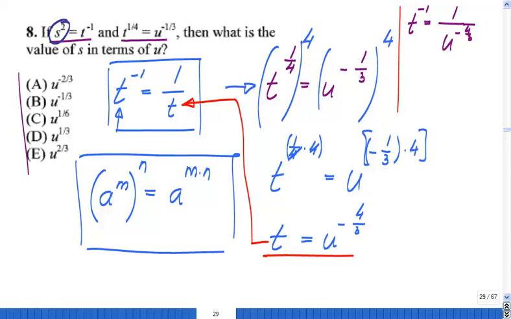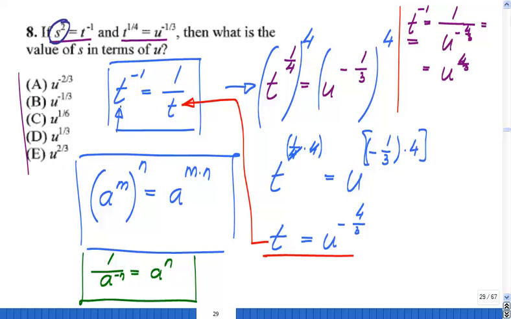Do you remember another property of exponents that said if you have 1 over a to the negative n, this is the same as a to the power of n. Applying this property here, t to the negative 1 is actually u to the power of positive 4/3.